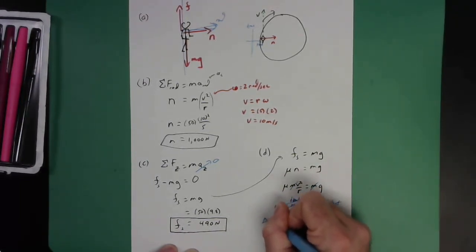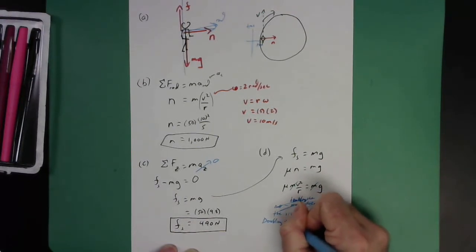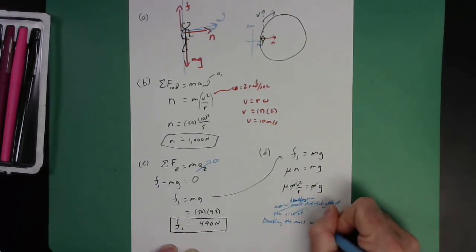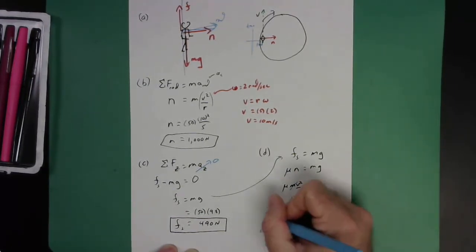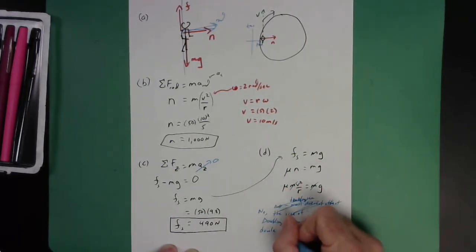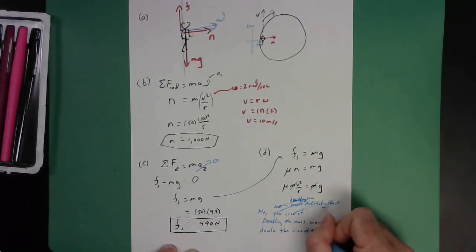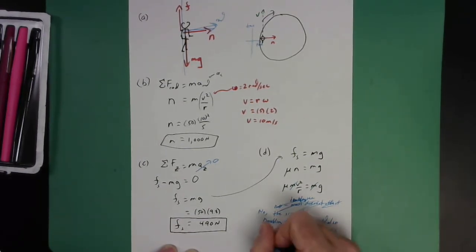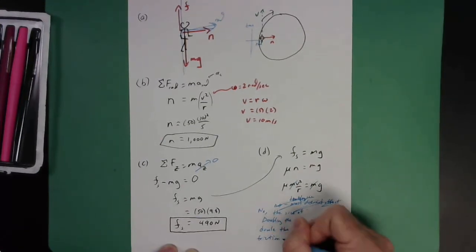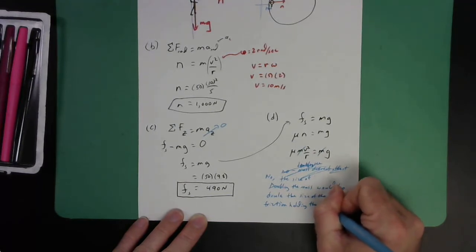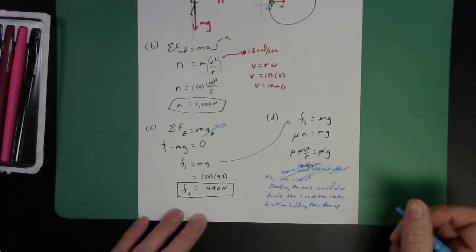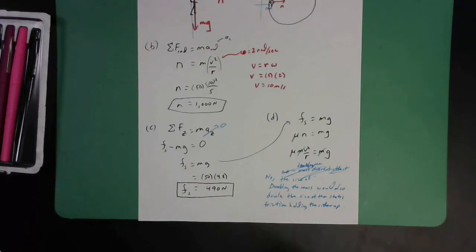Let's just say doubling the mass would also double the size of the static friction holding him up. Good enough. And so the mass drops out of the calculation.